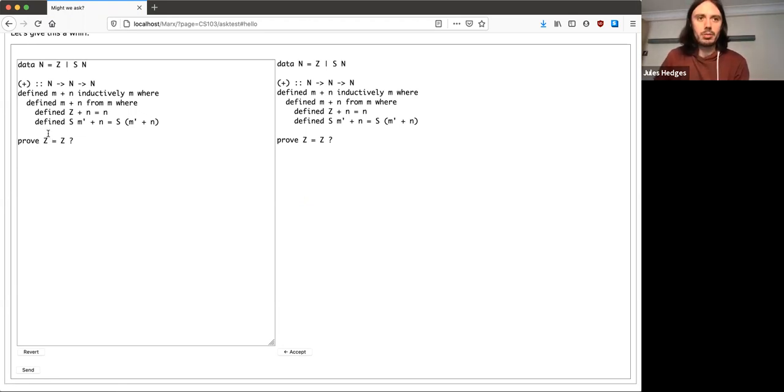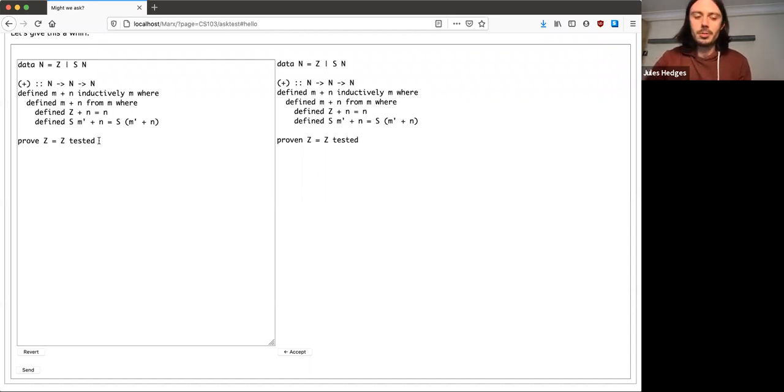So we have a new method of building proofs, which is called tested. So I can say prove z equals z tested. And what happens is that Ask tests that z does actually equal z, and then it accepts this as a proof.